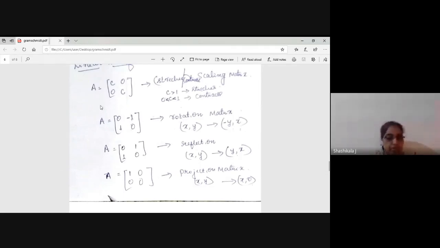Only these 4 fundamental ones you have to remember. The rotation matrix converts (x, y) into (minus y, x). How do we write it? If you don't know the matrix A, then it is some column times x plus some column times y, that will become minus y and x, for which value of A that will be satisfied. I think you remember now.